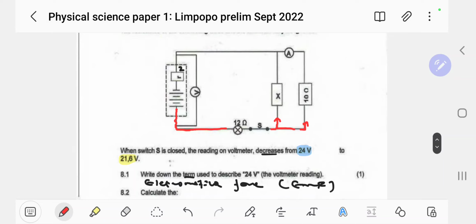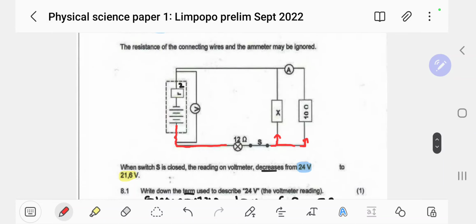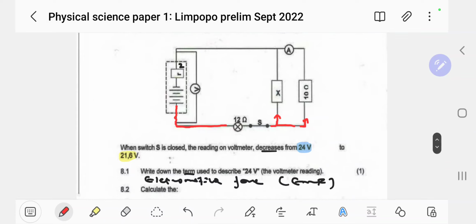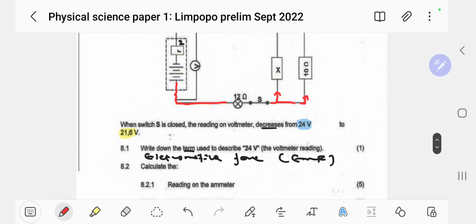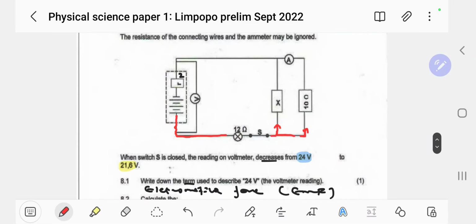We don't know the current there, so it's going to be a bit of a situation. How many marks is this? 5 marks. We have a bit of work here to do, so let's just do it.